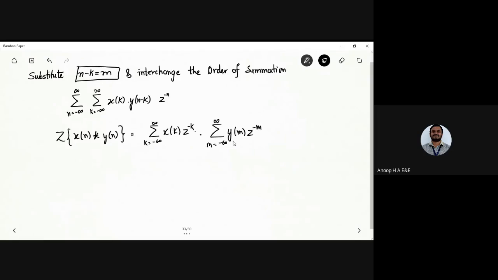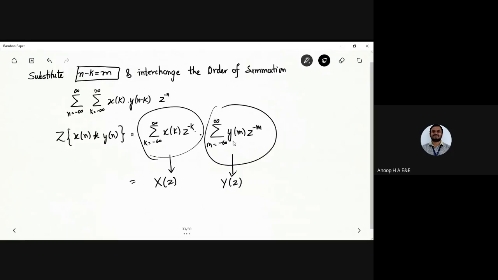So what you can conclude from this step is, each and every individual signal will have the Z transform expression, which is expressed in a mathematical way. So this is for signal y of n. I can write it as this.